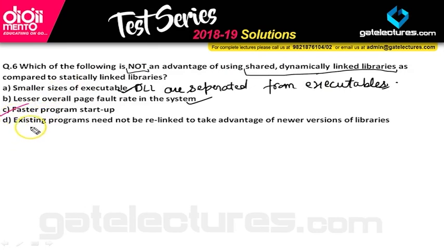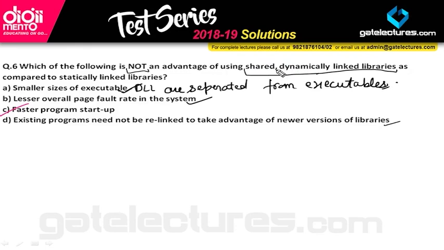So the fourth option says existing programs need not be relinked to take advantage of newer versions of libraries. This is also right. This is an advantage, because when new versions are available, we don't have to worry about it. Because in dynamic linking we link during the runtime, the execution time, not at compile time.